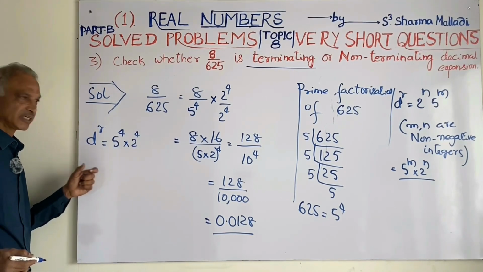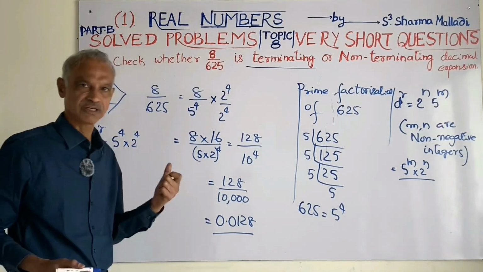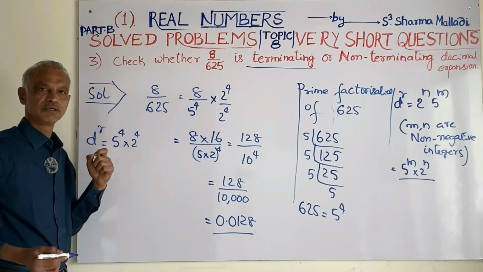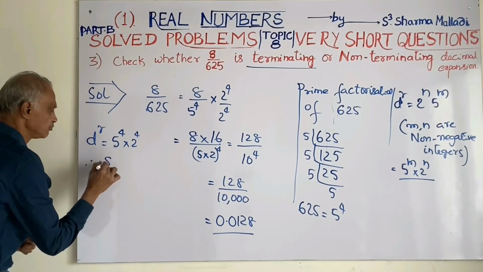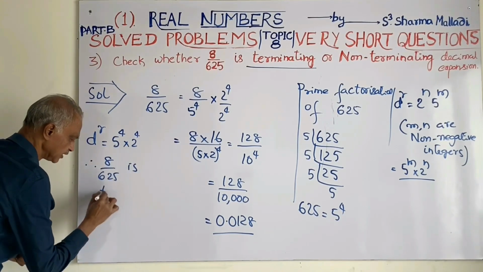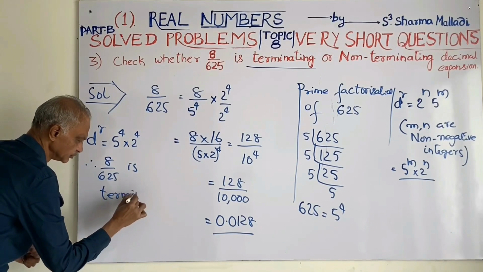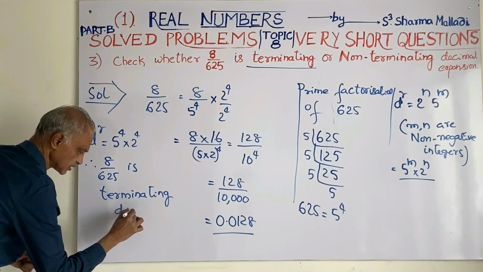That's why denominator is in the form of 5 to the power of m into 2 to the power of n, where m and n are non-negative integers. Therefore, 8 by 625 is terminating decimal expansion.